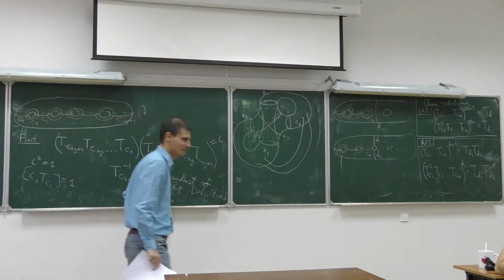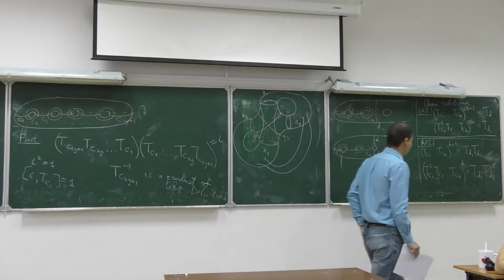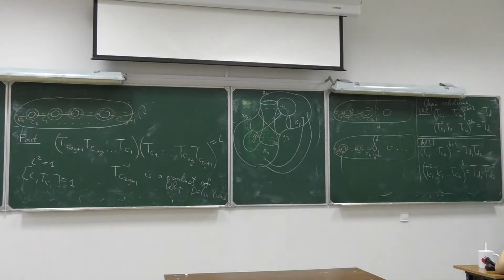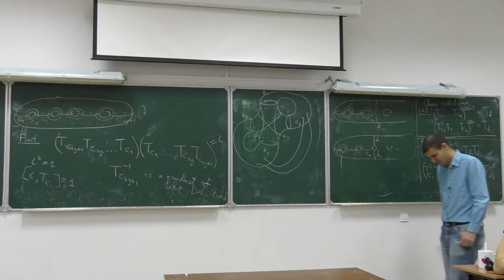Here it is not so easy, and because of these powers it is somewhat cumbersome. Maybe not next time, but soon I will explain how to obtain these relations, not from the Alexander method, but from something more conceptual.